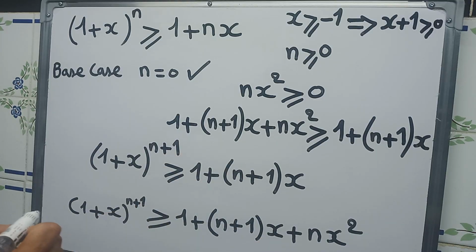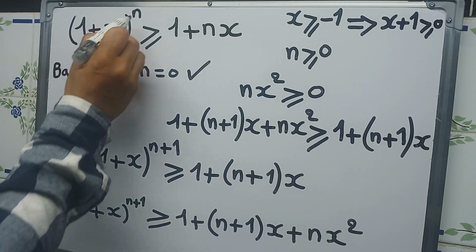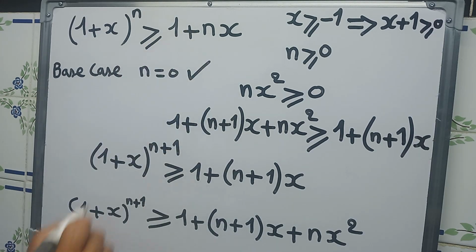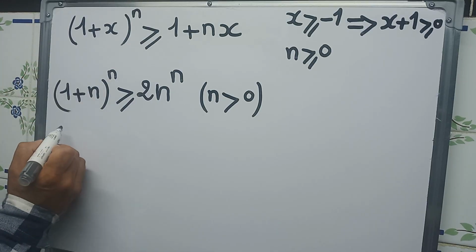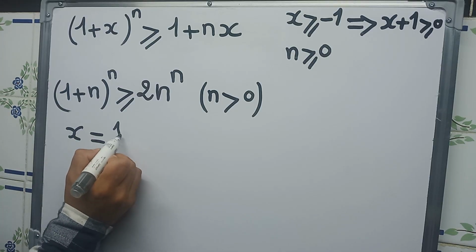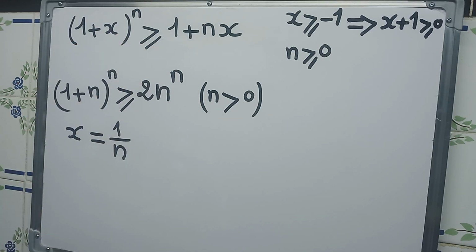So from here we can conclude that for every non-negative integer n, we have (1 + x)^n is greater than or equal to 1 + nx. Now let's prove our inequality here. So for that, we will set x equals 1 over n in our Bernoulli's inequality.